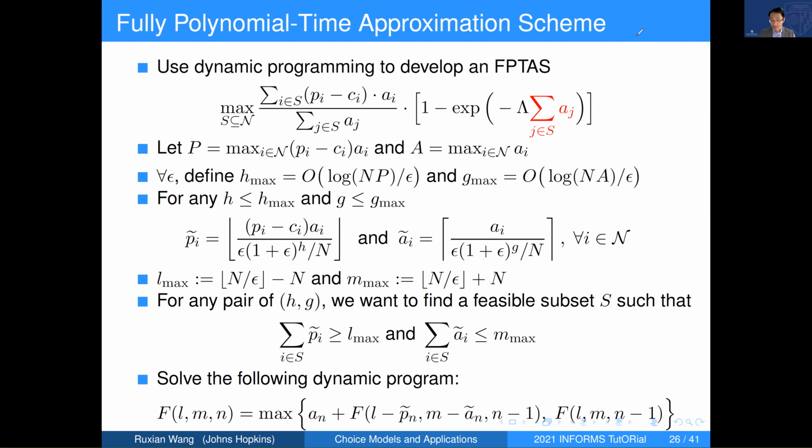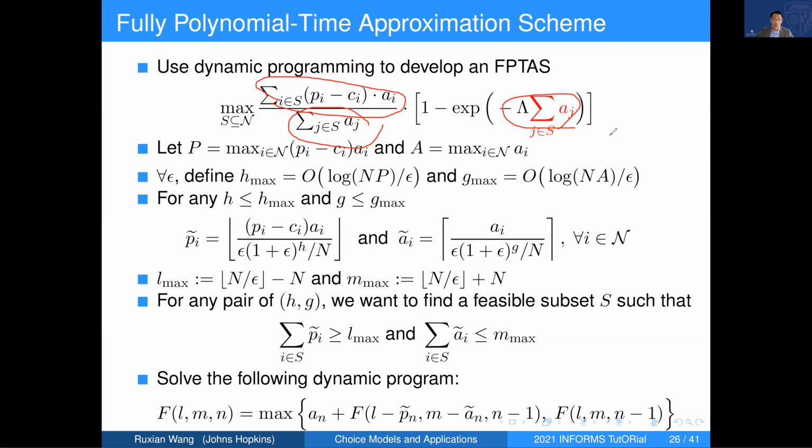We can find the objective function here has three parts, the numerator and the denominator, and here is the inside of the exponential. The idea is to discretize all the parameters and solve many DPs, and return the best solution.